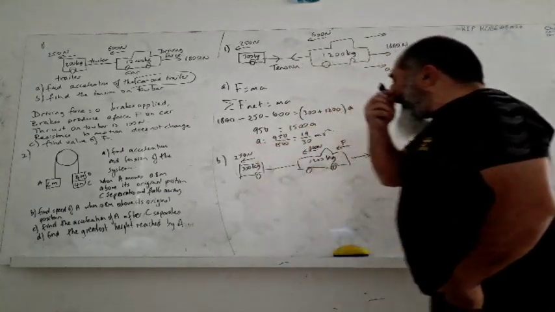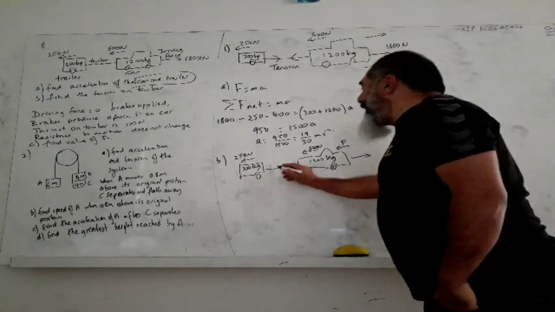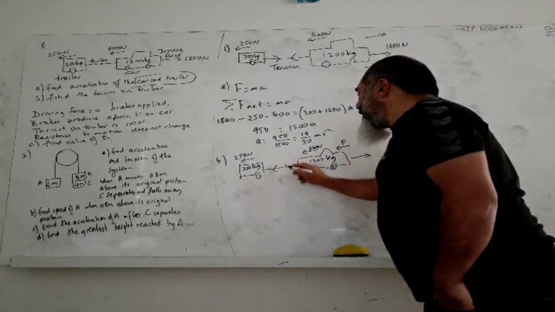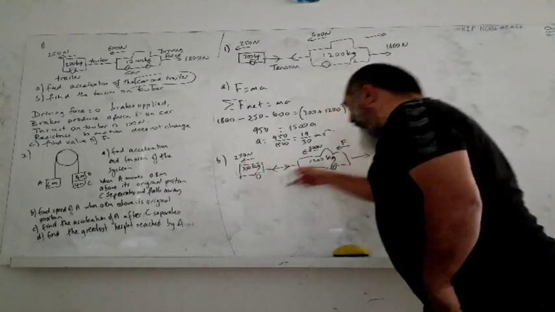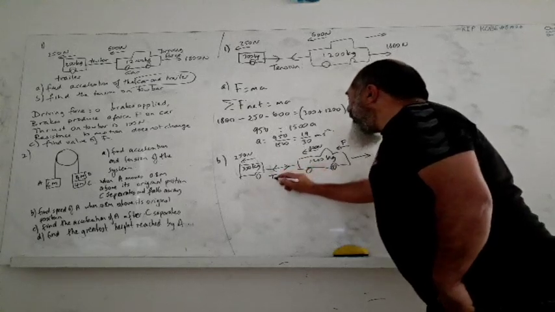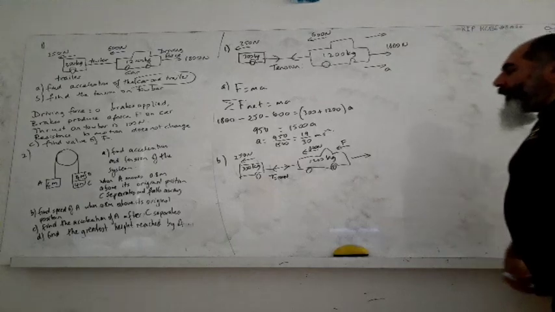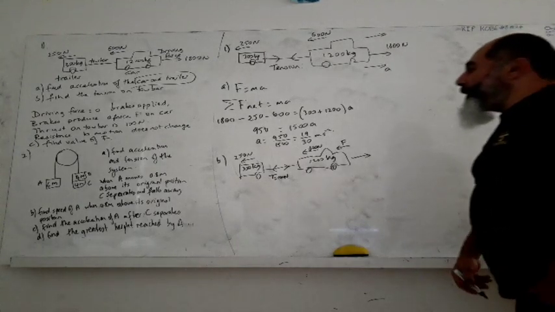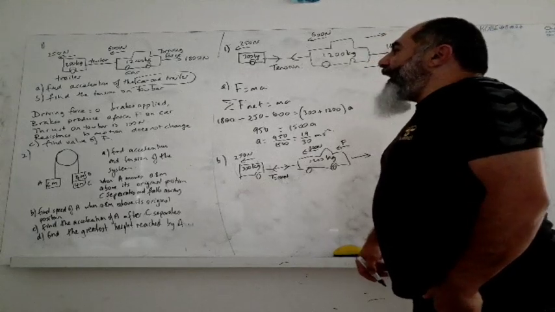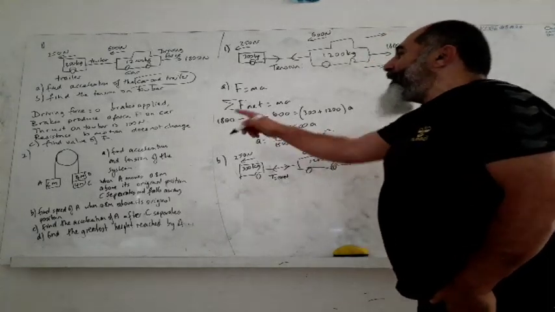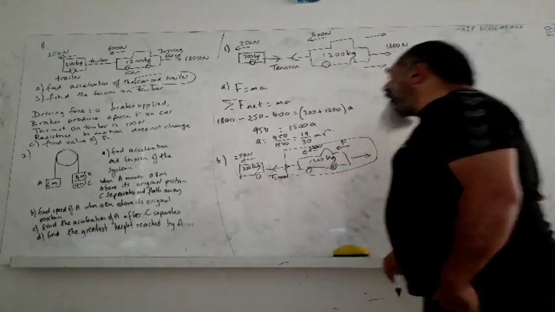The question says that we have thrust, and thrust always points to the object. Here the thrust is 100 newtons. The question says find the value of F. Before that, we have to find the new acceleration.